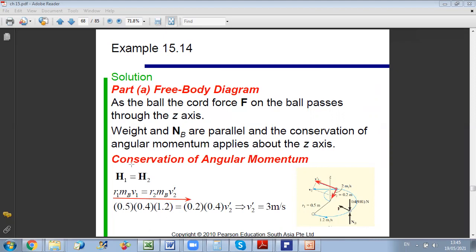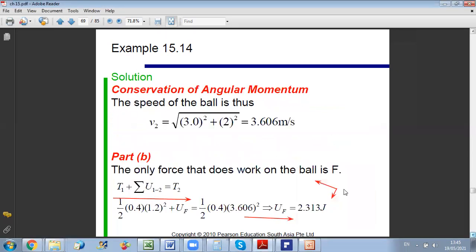So now from angular momentum conservation, I get V theta, and VC is given, so I can calculate the total velocity by doing radical of V theta square plus VC square. Once I get the velocity, I just have to apply the principle of work and energy, and I can get the work required to go from state 1 to state 2. Okay? Any question on this problem?